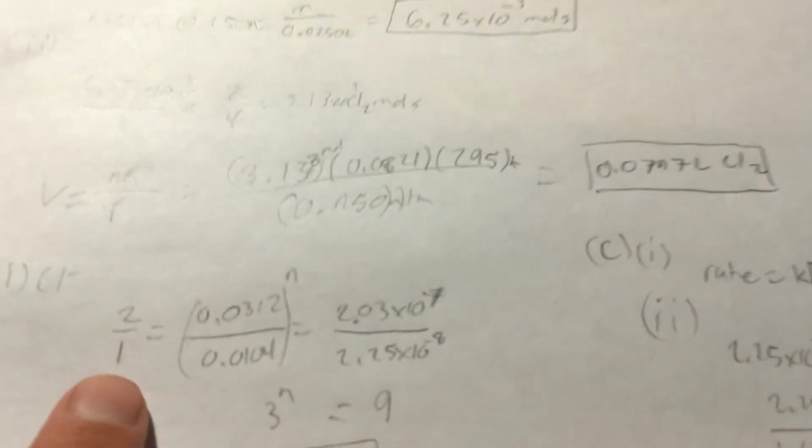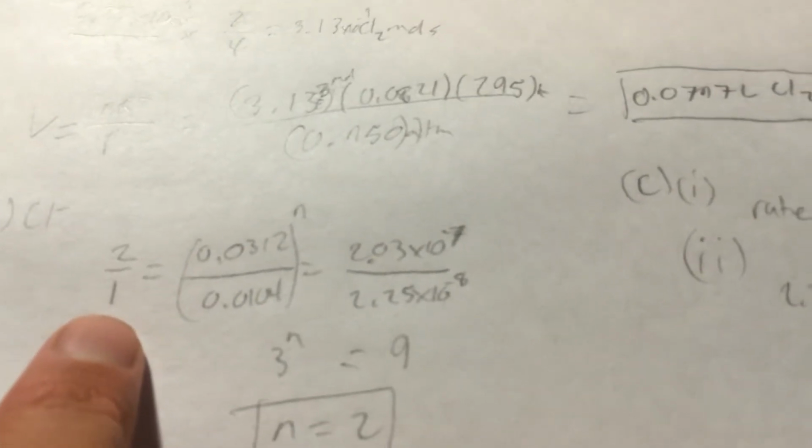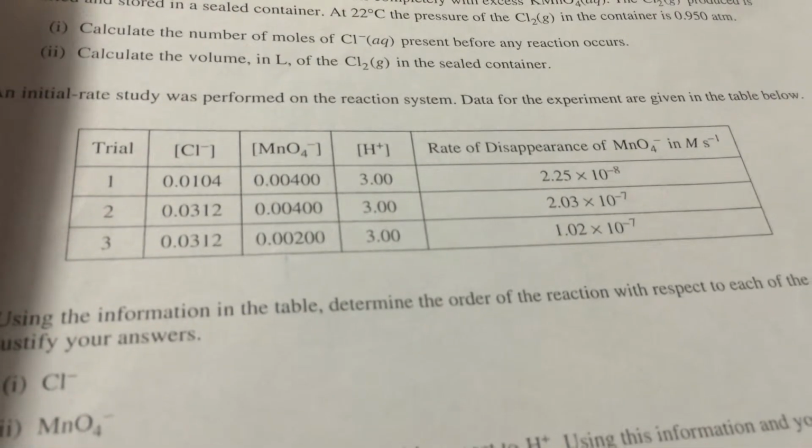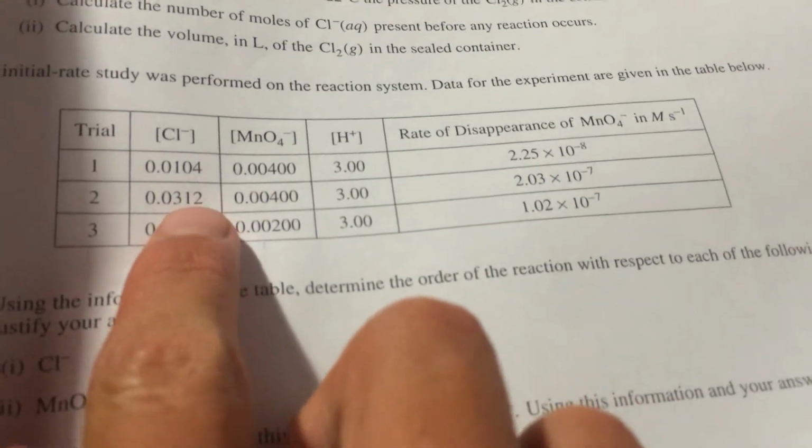So we go here and we say that we use trial 2 over trial 1 because we want the greater number on top. So that's going to be the trial 2 over 1.